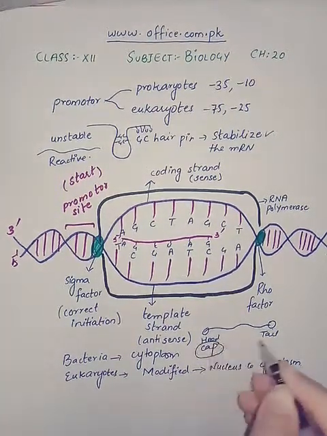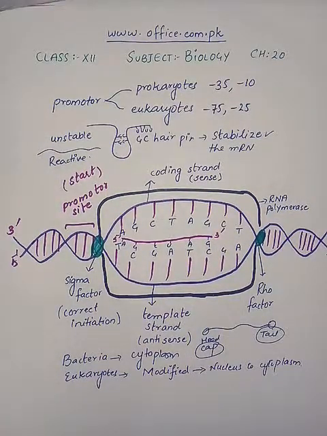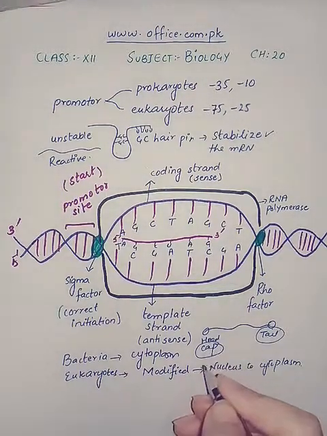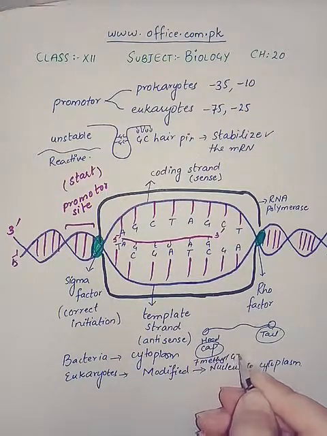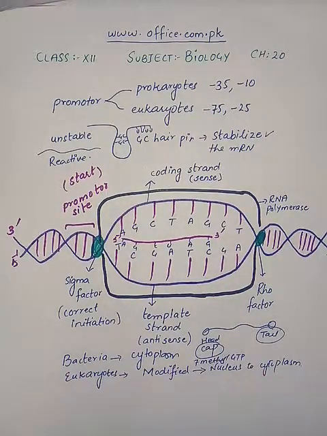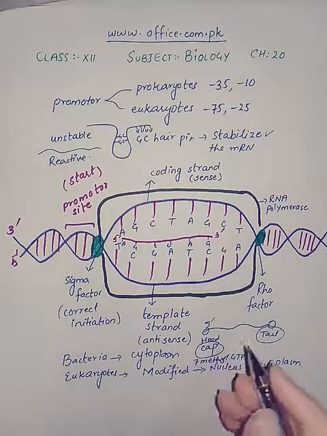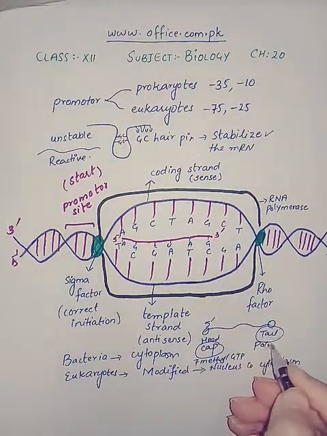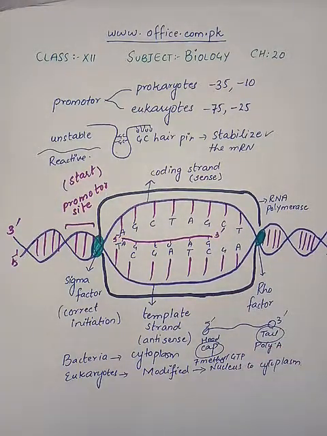It will be covered with a cap and a tail. The cap is in the form of 7-methyl GTP, which is linked at the 5' end, and the tail is in the form of poly A. The tail is the poly A tail, which is attached at the 3' end.